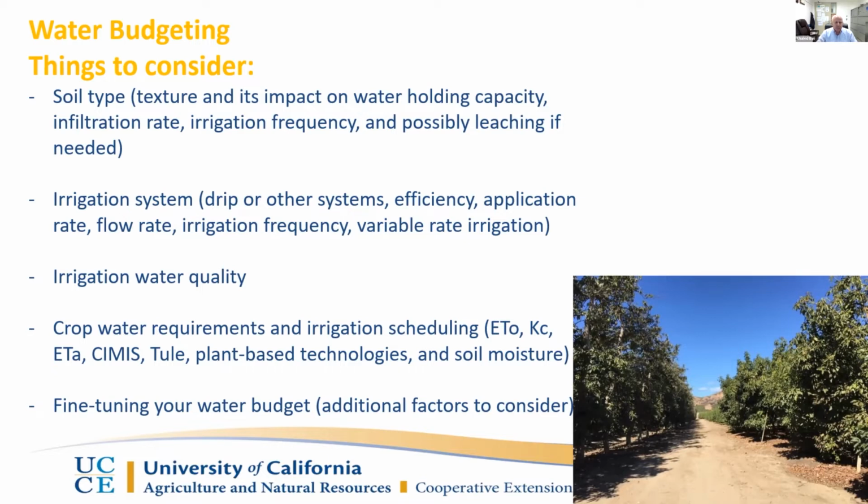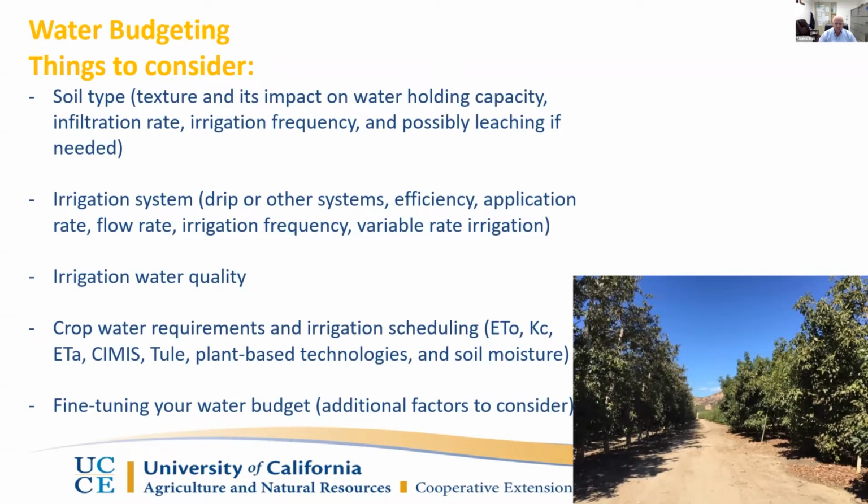We also want to look at irrigation water quality, and that has a big impact on the way we do irrigation. If we want to do leaching, we have to consider specific ion toxicity. So it's a good idea to know what kind of water we're using for irrigation.